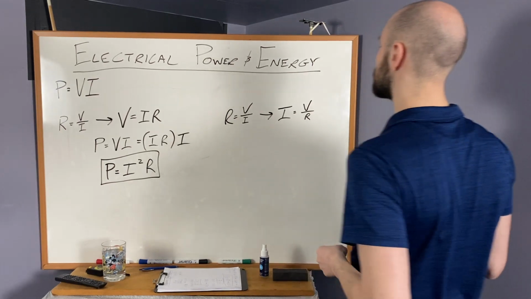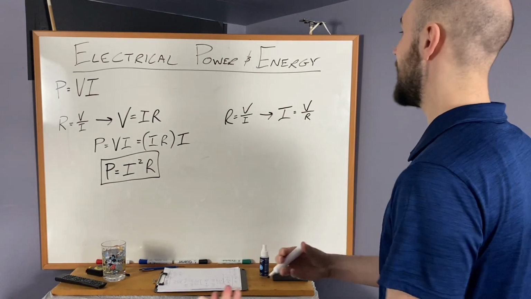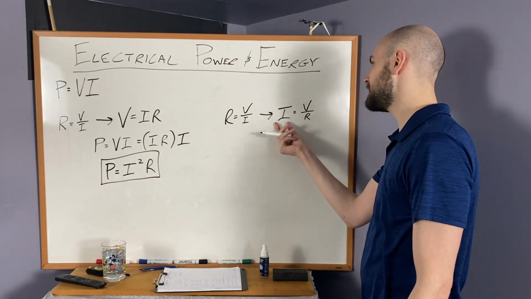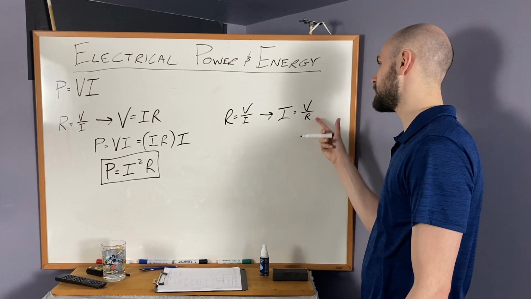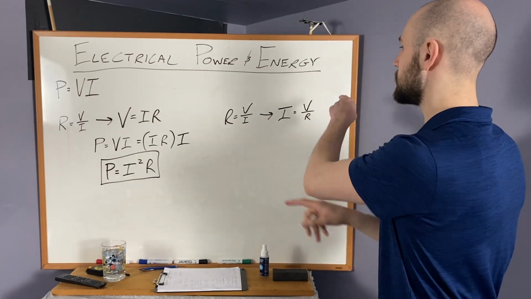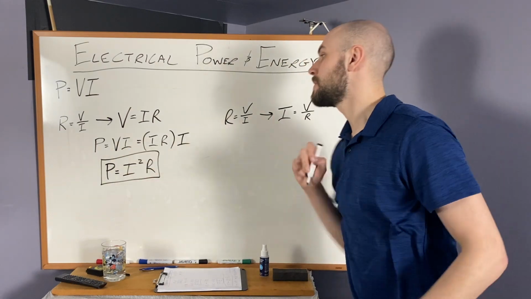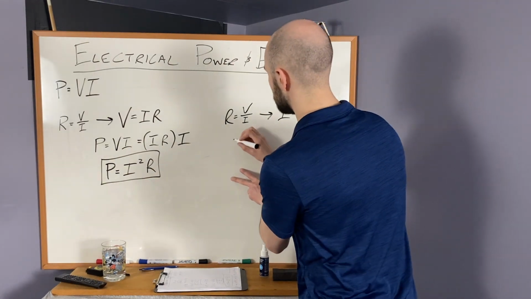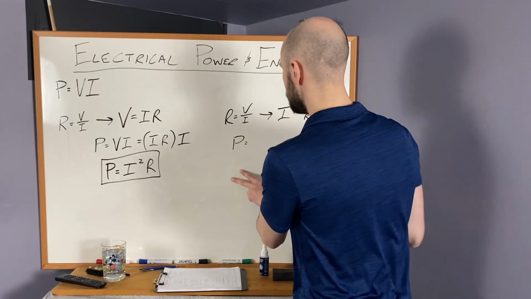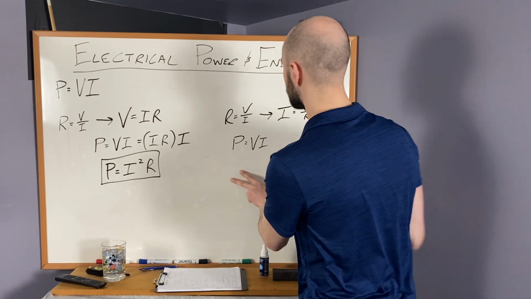Right? If we don't know the current, then we want some way to substitute it out. So if I know the current of the element is voltage divided by resistance, I did that by just rearranging it algebraically. Let's now look at our power expression here. Electrical power is voltage times current.